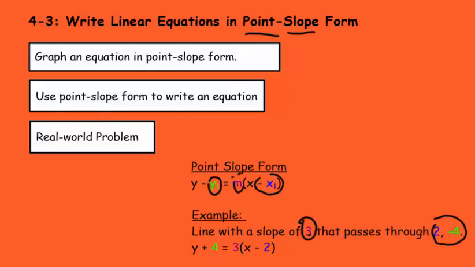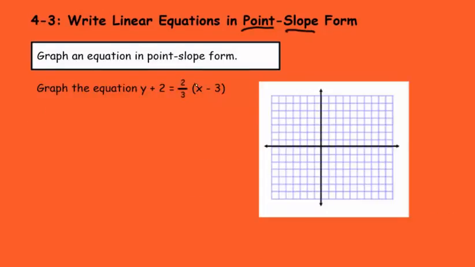So what is the x point and what is the y point? Well, x minus the x point, so the x point must be 3. The y point, we have y plus 2. That means that we must have subtracted a negative 2. So therefore, y would be negative 2. I have 3 and negative 2 for my point. And now the slope, which is just right here, 2/3.